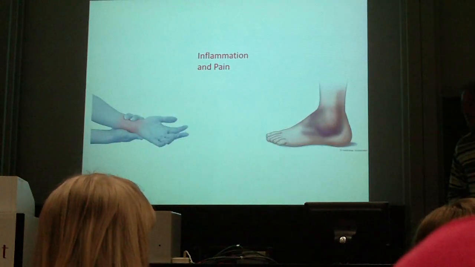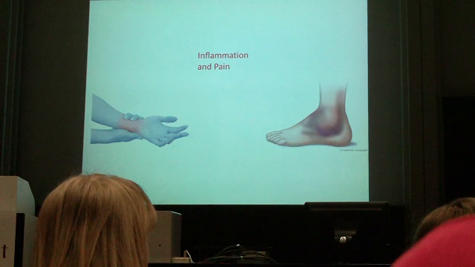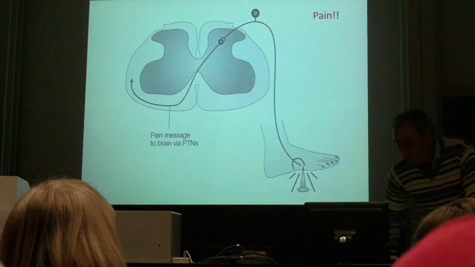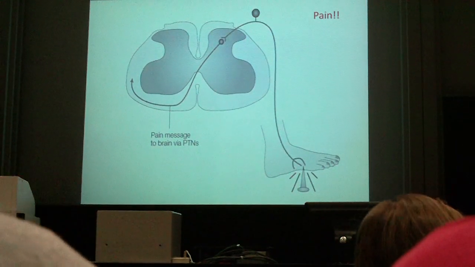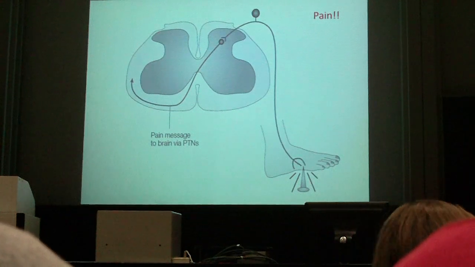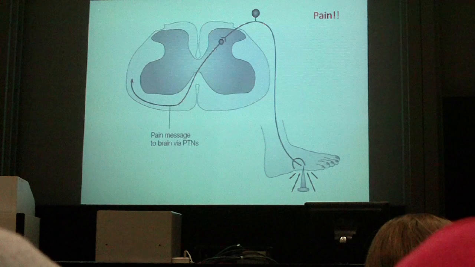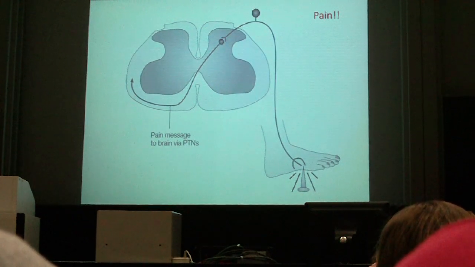Now, if you talk about pain and inflammation, this is well known. You can have inflammation in the leg or the arm. And what happens? The signal here is transmitted to the dorsal root ganglion, that's the cell body, and enters the spinal cord, the central nervous system, here in the spinal cord, dorsal horn.